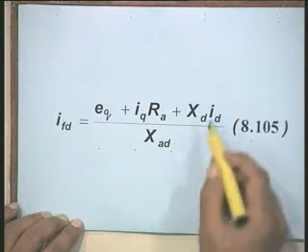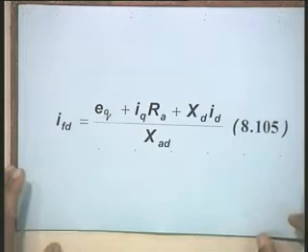XD is the direct axis reactance, while XAD is the mutual reactance between the field and the d axis winding.